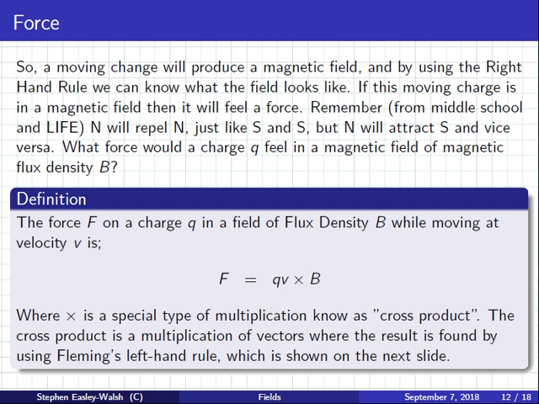Your thumb is the direction of the force. This finger here is the direction of the field. The field goes from north to south, and this direction here is the direction of the current. And you know that current goes from positive to negative, isn't it? Yeah. So I think I have a picture coming up.